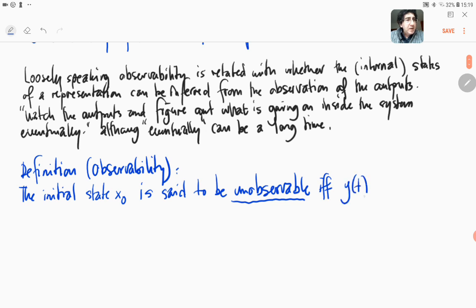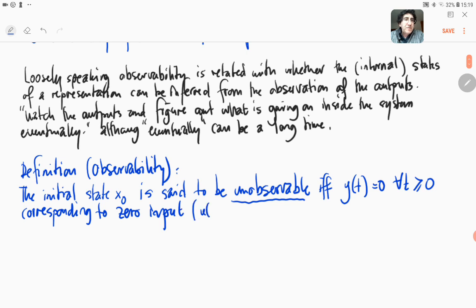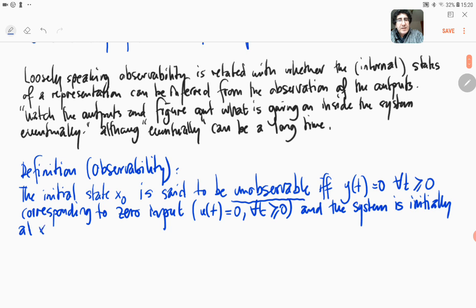y of t is equal to 0 for all t larger than or equal to 0, corresponding to 0 input, meaning that u of t is equal to 0 for all t larger than or equal to 0, and the system is initially at x equals x0.